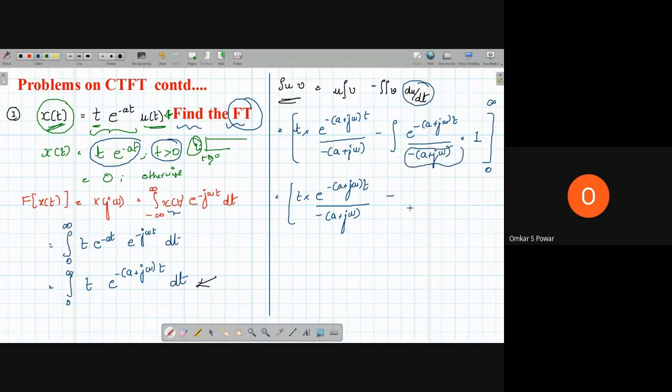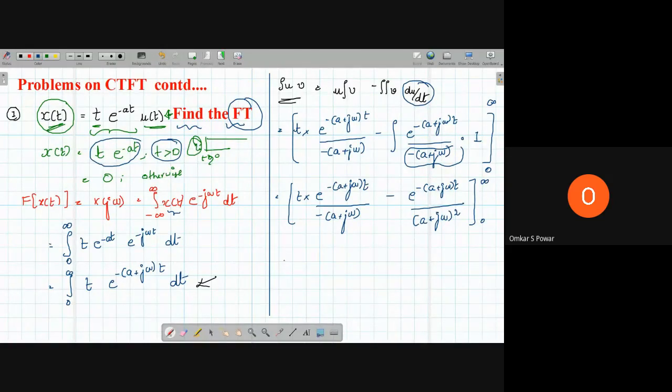So only the numerator you have to integrate. What is the integration of the numerator? E power minus a plus j omega t divided again by minus a plus j omega, which is already there. So it will be a plus j omega the whole square. This limit varies from 0 to infinity.